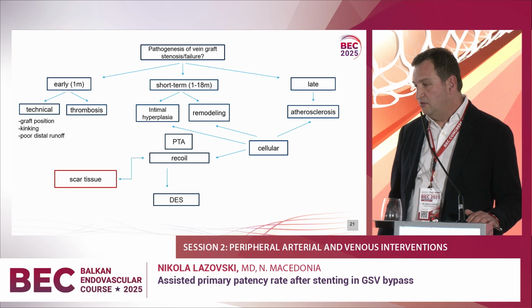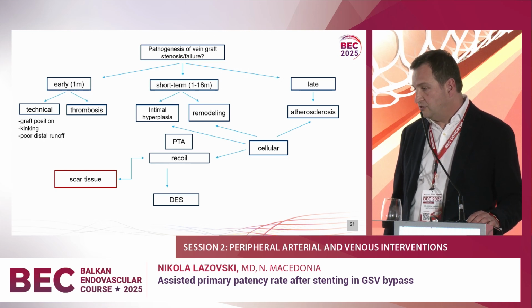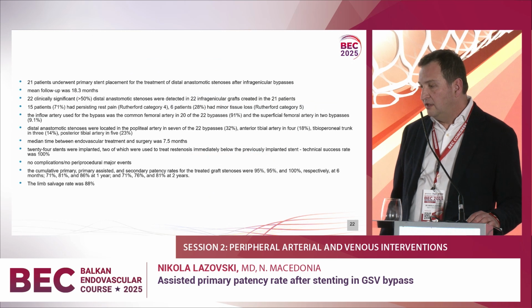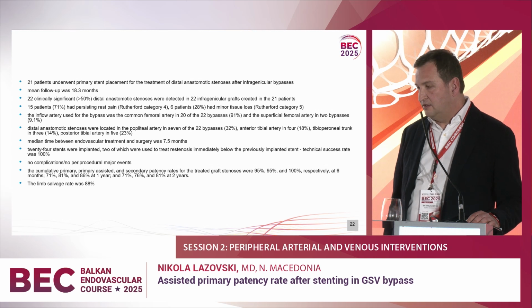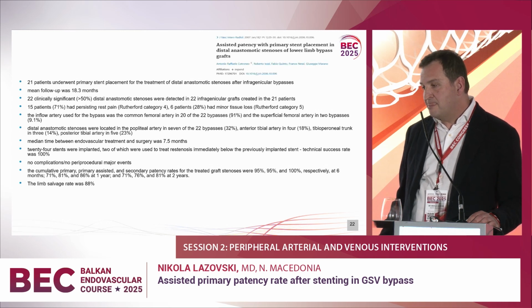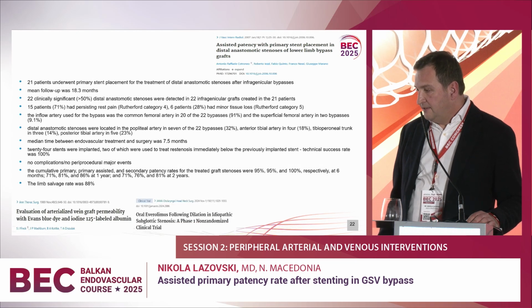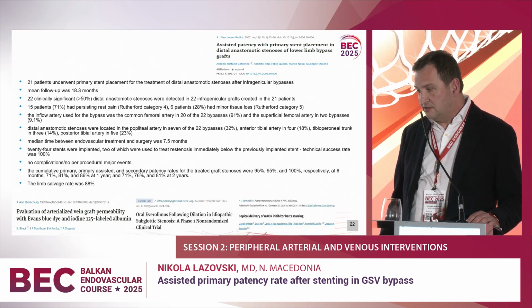That's why we used Promus Premier, because it has excellent radial force, and it is a drug-eluting stent with everolimus, and it has a topical activation of rapamycin locally in the region of the stenosis, and we all know what rapamycin's function is.